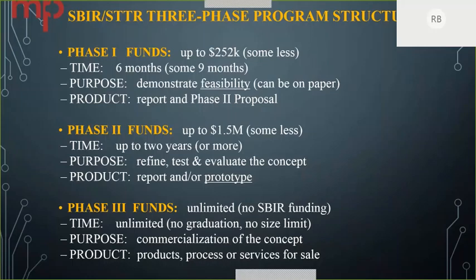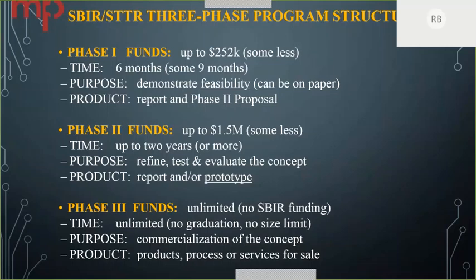Phase 3 funds, unlimited, but they're not SBIR funds. No SBIR funding there. So unlimited, no graduation period, no size limit. The purpose is to commercialize the concept and the products, processes, and services that you come up with that you can commercialize and sell.